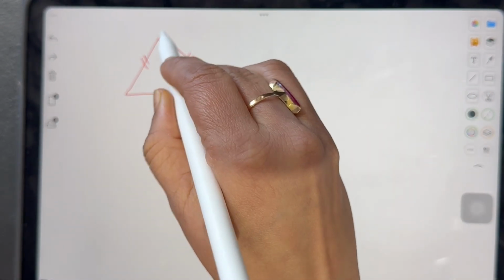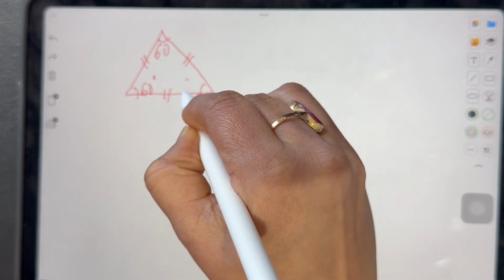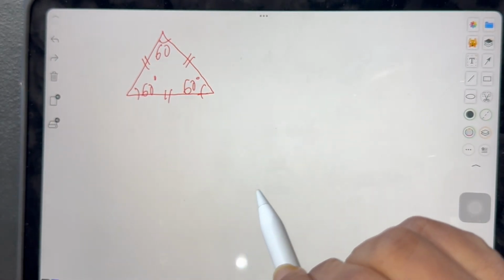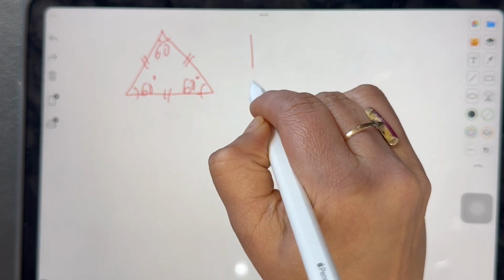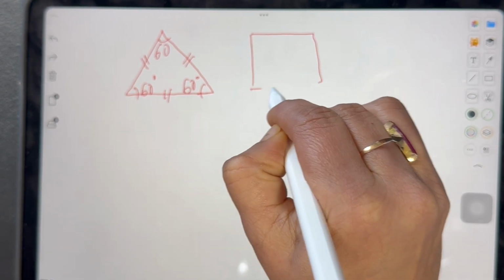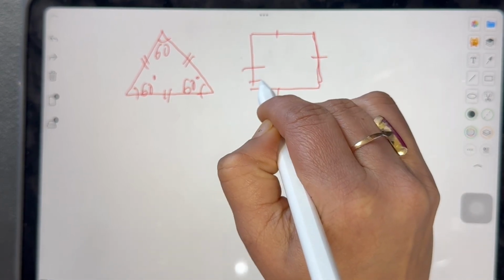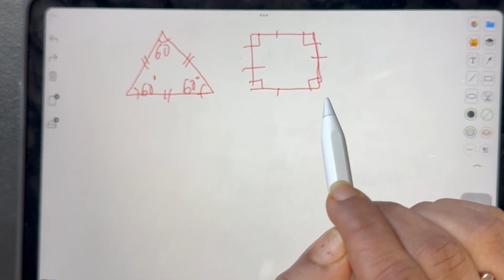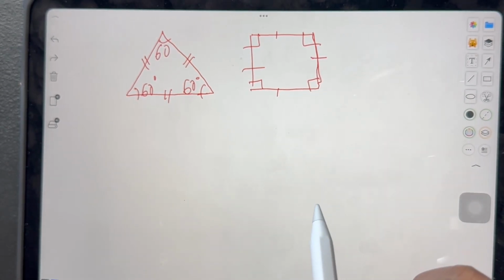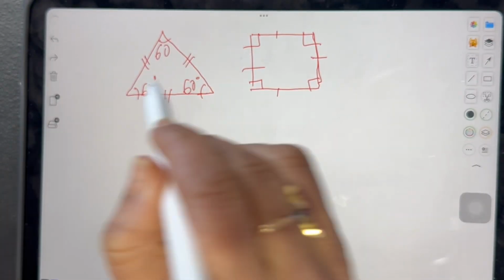All sides are congruent, all angles will be the same. In a triangle it is easy to figure out. All angles must be 60, 60, 60. What about a regular quadrilateral? A regular quadrilateral must be a square, not a rectangle, not a rhombus. All sides are congruent, all angles are congruent. That is possible only in the case of a square. So a regular quadrilateral is a square.